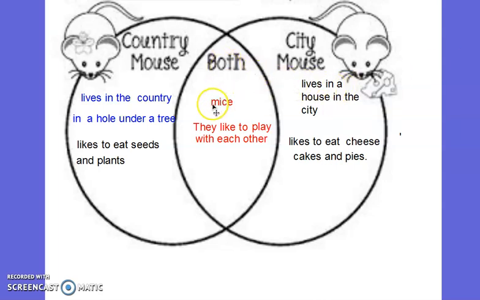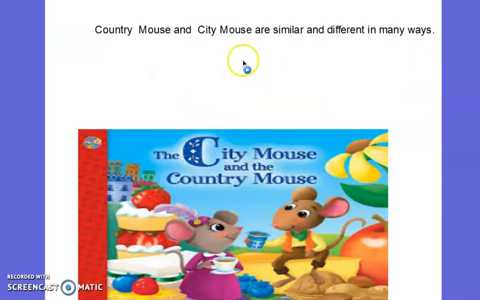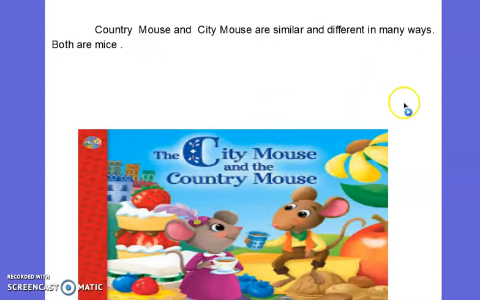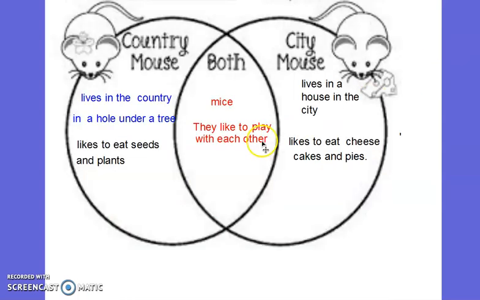Both are mice. So we want to write in the paragraph the similarities. We want to start with the similarities. Both are mice. What's the other similarity? The other similarity is that they like to play with each other. So, when we finish the similarities, we start with the differences.